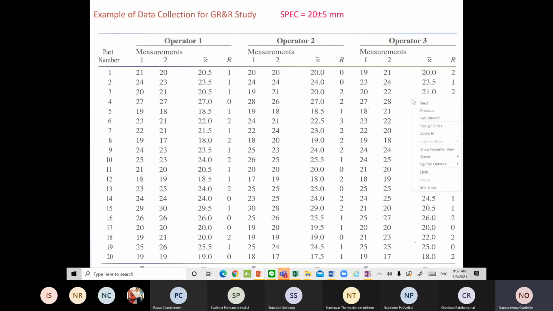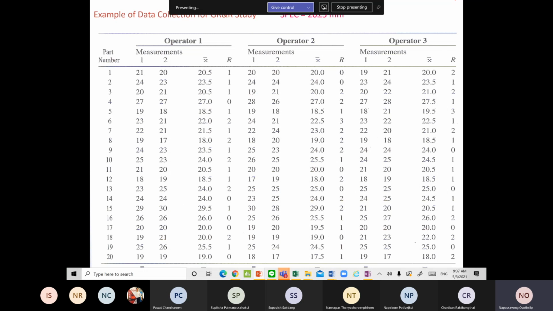One more thing. Suppose the numbers for part number 1 are all 21, the 6 numbers here, 21, 21, 21. Part number 2 is all 19 for 24.